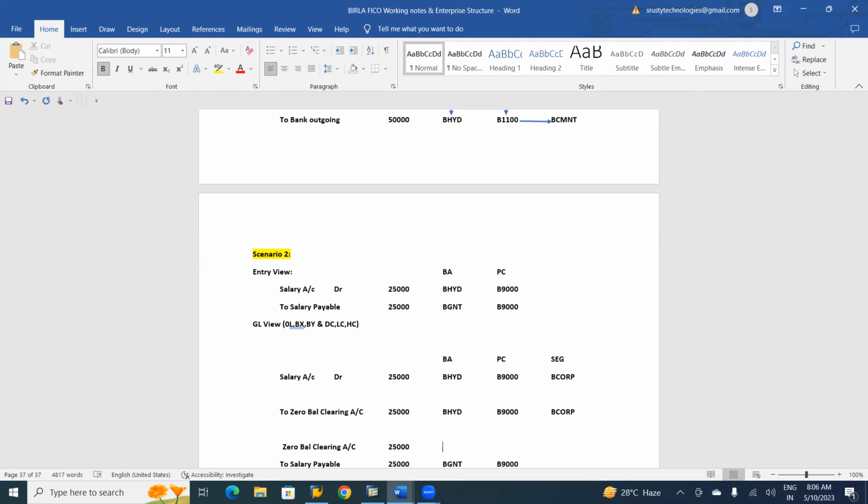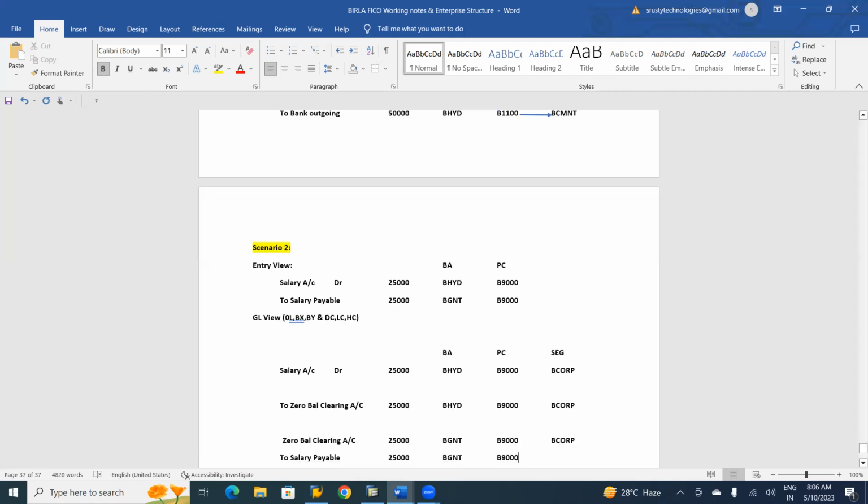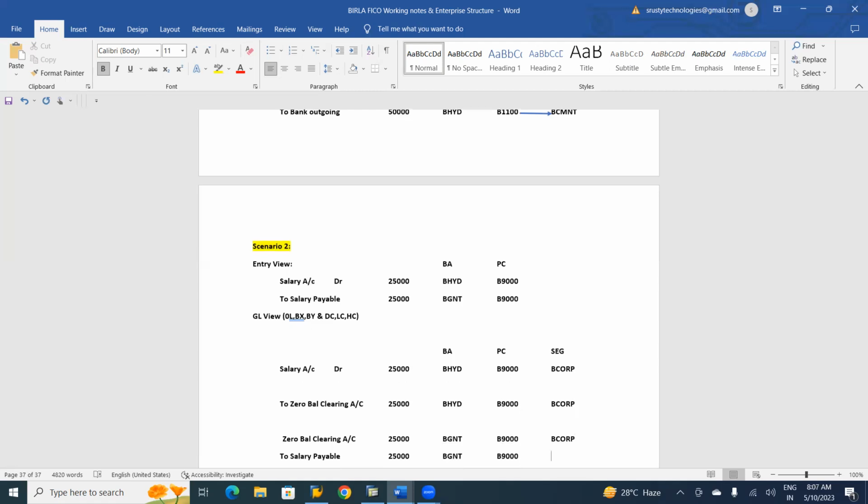Here, sorry, Guntur business area. Now debit and credit are adjusted with debit, B9,000, and segment is derived as corporate. That's it.